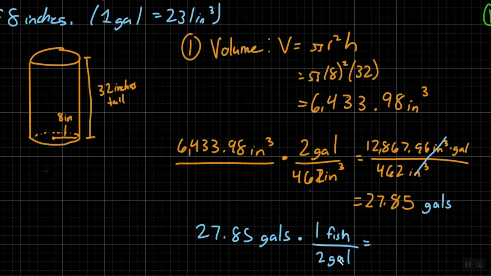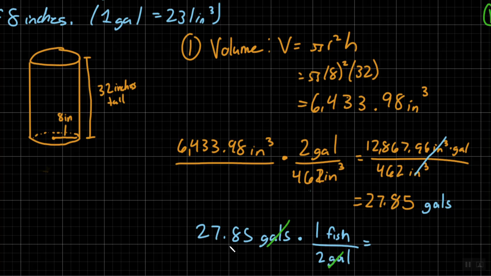Okay. Gallons and gallons. What happens to my gallons? They're going to cross out. And I should be just left with how many fish we could possibly have. So now I'm going to do what? What should I have my calculator do at this point?